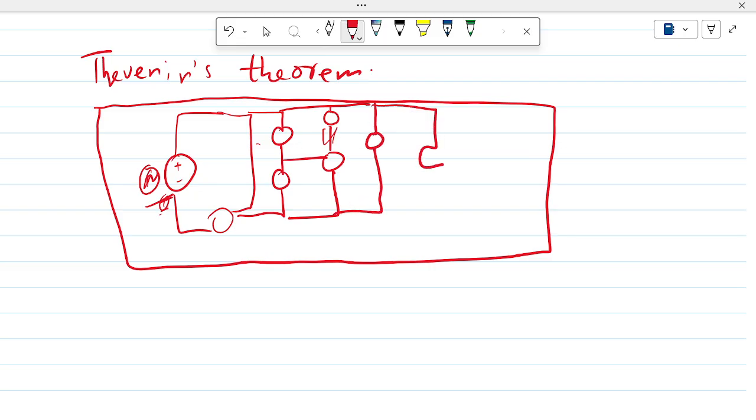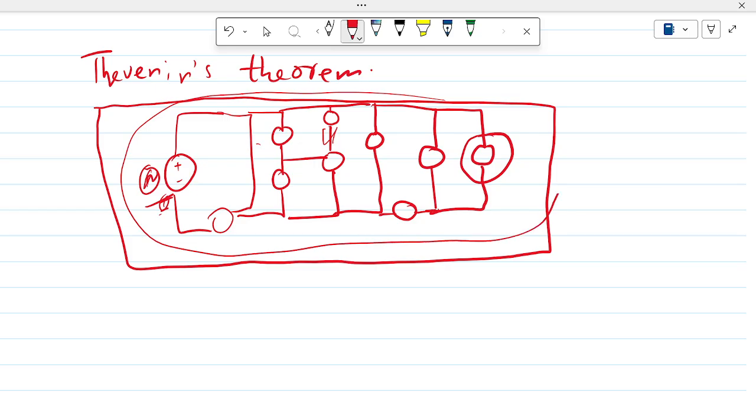Now, without analyzing the whole circuit, assuming we wanted to find the current in this node only, all that Thevenin is saying is that we can represent this whole circuit with an equivalent circuit that looks like this.